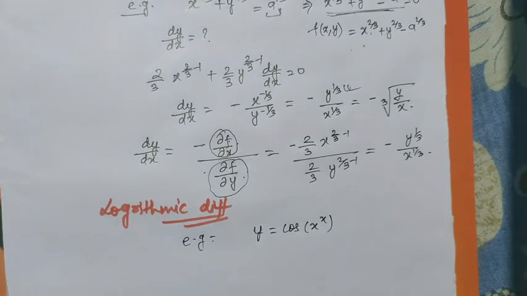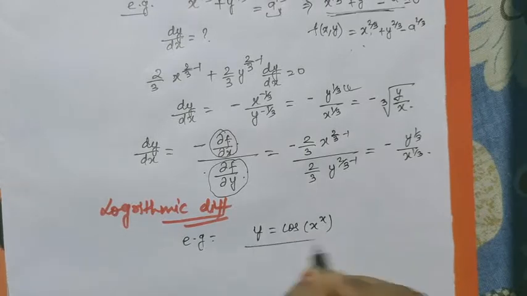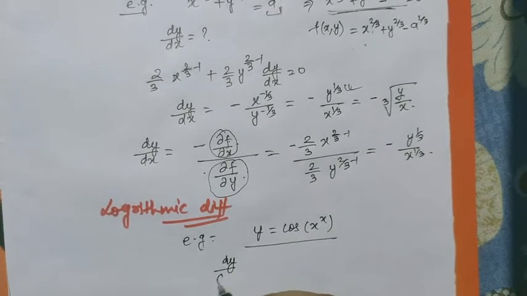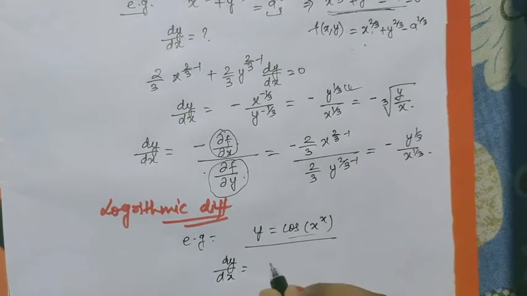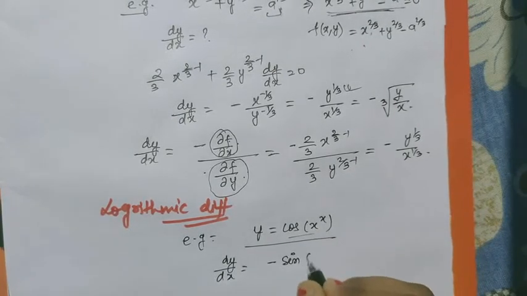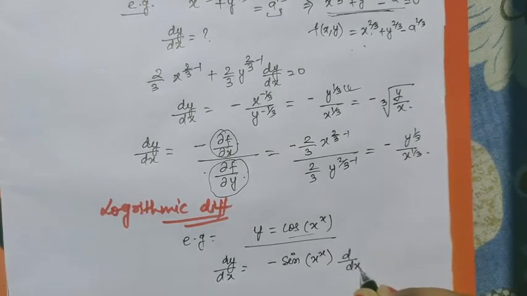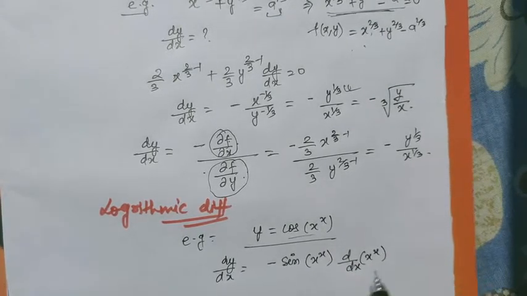What I told you in logarithmic differentiation is that in this type of differentiation we take log on both sides. So first we differentiate it. We have dy by dx equals, differentiating with respect to x, we will get minus sin of x raised to power x and dy by dx of x raised to power x.